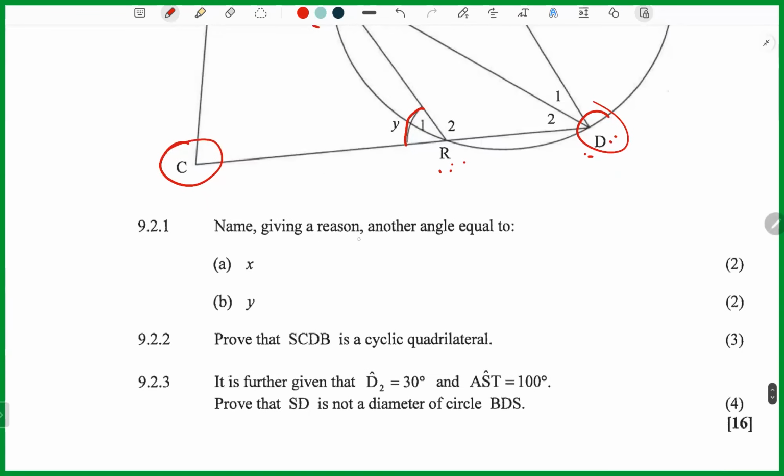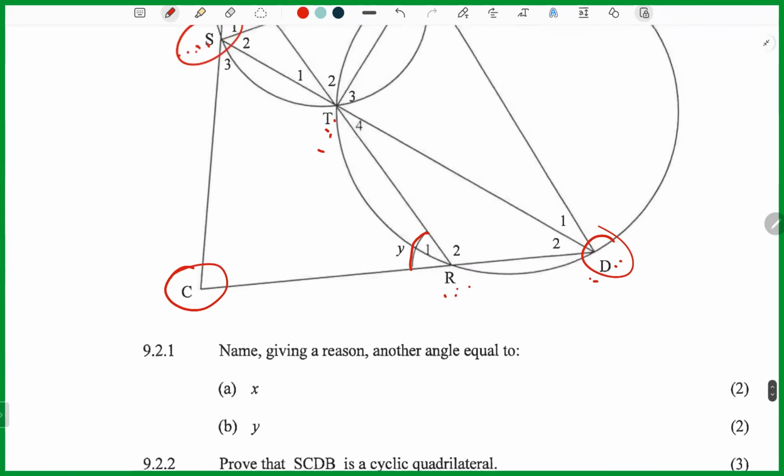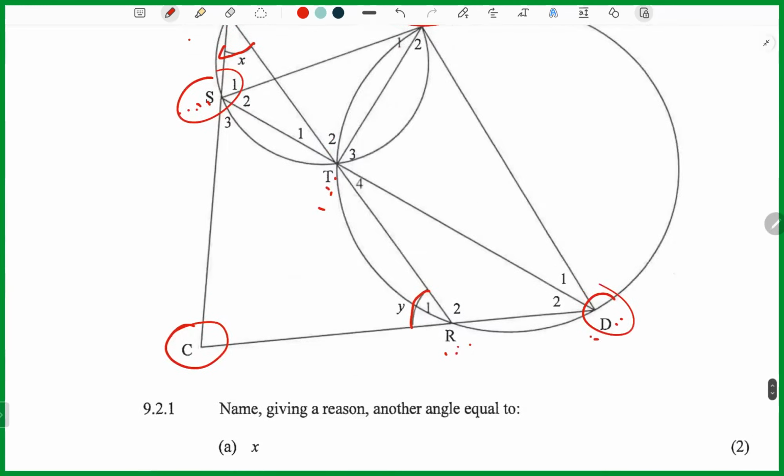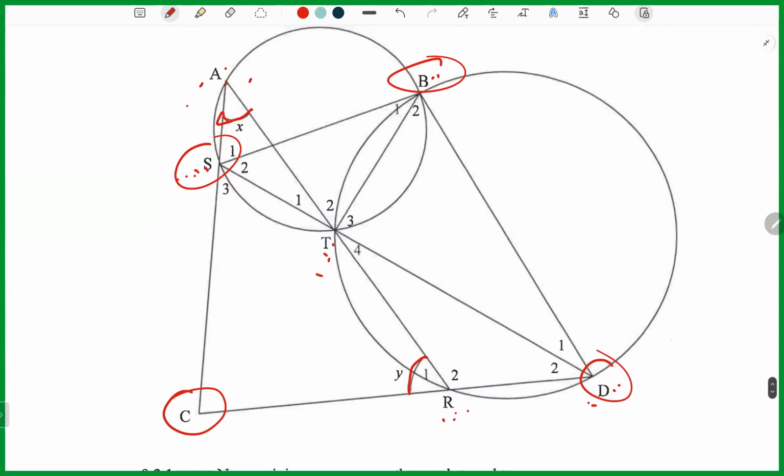Name, giving a reason, another angle equal to X. Okay, where is X? X is this one. What other angle is actually equal to X? So another angle equal to X is what?